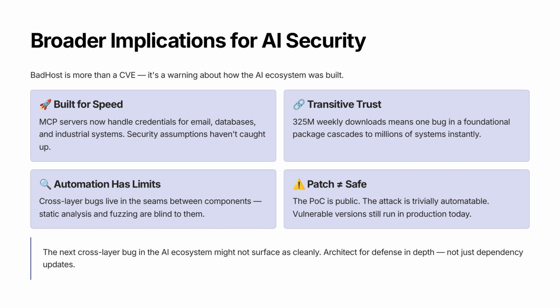Those issues are often hard for static analysis and fuzzing to catch. And finally, patching is necessary, but it does not automatically mean safe. Once a proof of concept is public and the attack is easy to automate, exposure can remain for a long time because vulnerable versions are still running in production. The practical lesson is to design for defense in depth. Dependency updates matter, but they should be only one layer of protection.